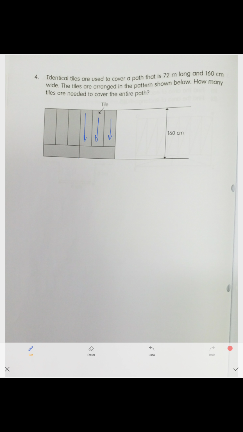So the length of one tile is equal to the breadth of 3 tiles.